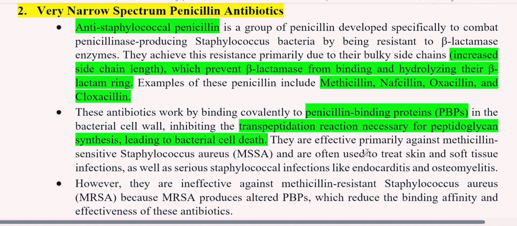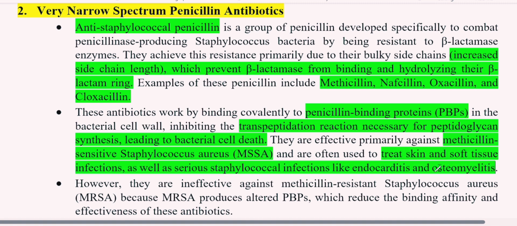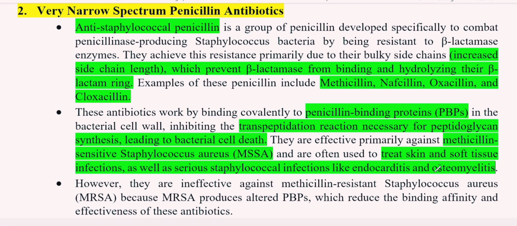They are effective primarily against methicillin sensitive Staphylococcus aureus. So, as I have already told you, they are active against Staphylococcus. They are often used to treat skin and soft tissue infections as well as serious staphylococcal infections like endocarditis and osteomyelitis. So here they have told that those penicillins such as methicillin, nafcillin, oxacillin, and cloxacillin are narrow spectrum penicillin antibiotics.